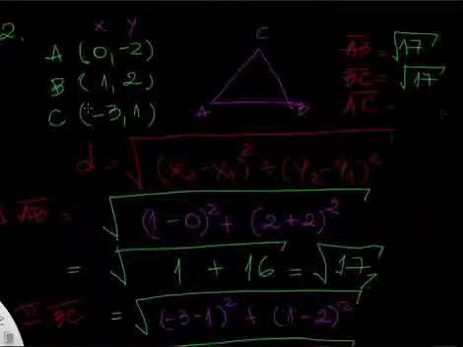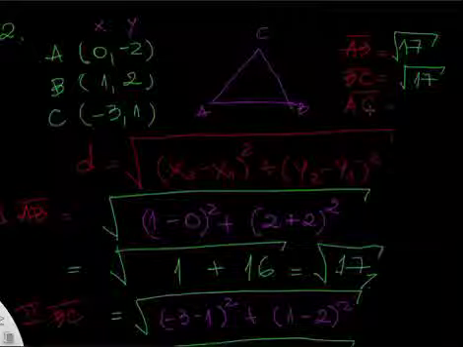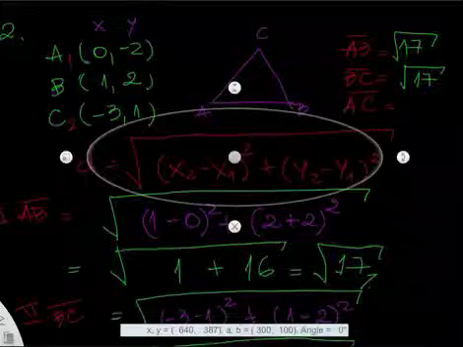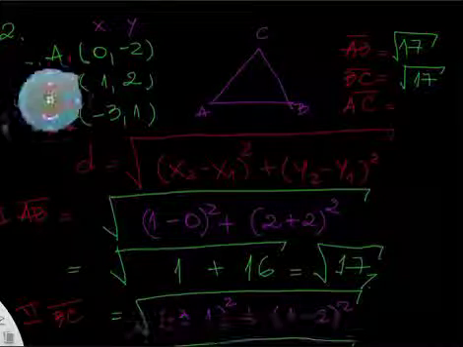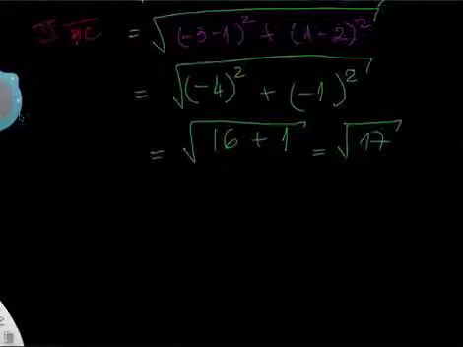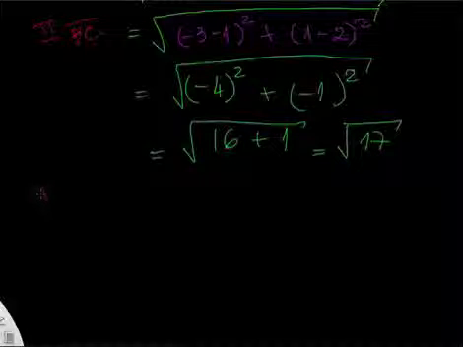Now again we decide which point is first and the other second, so it doesn't matter, you know that. 1, 2, simple. x2, y2, x1, y1. Let's solve this next side. Now what we have to do is our last side, that is AC.